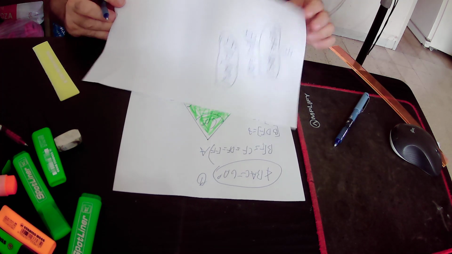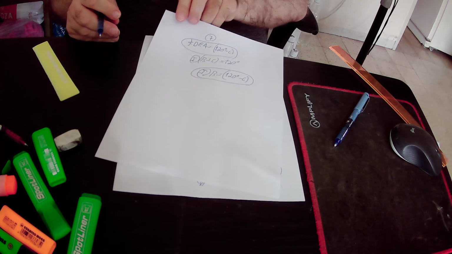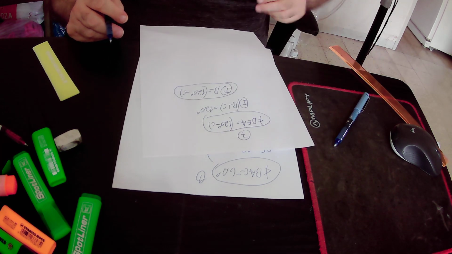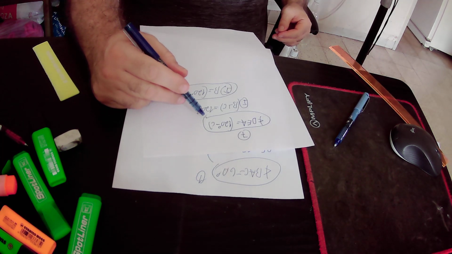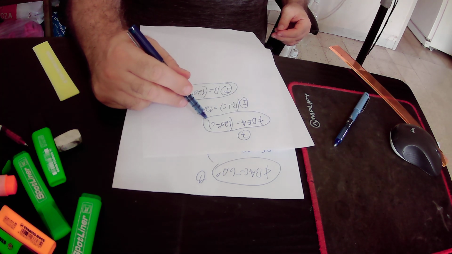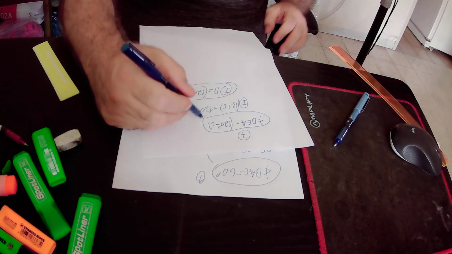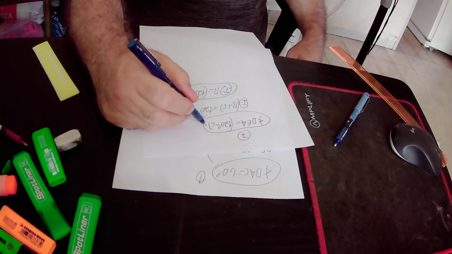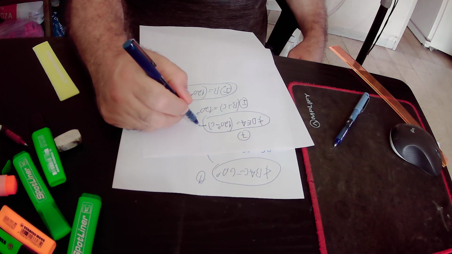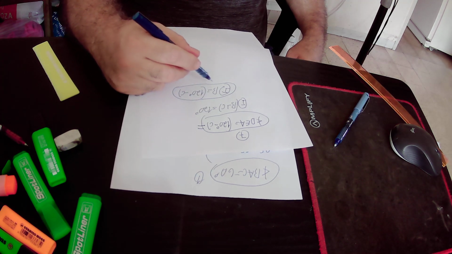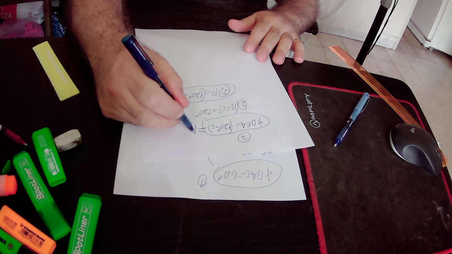B equals 120 degrees minus C. So actually here we have 120 degrees minus C, which equals B according to equation number 1. So we can add to this equality that 120 degrees minus C equals B according to equation number 1.